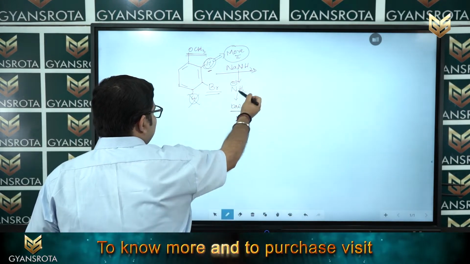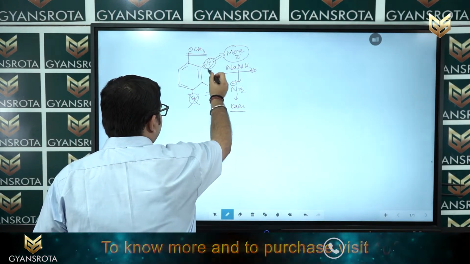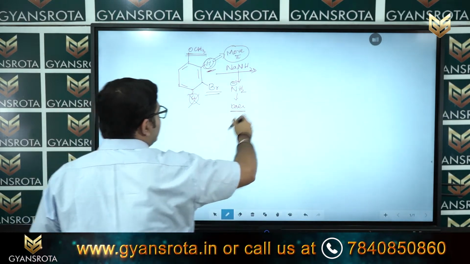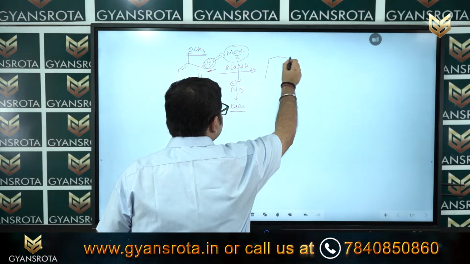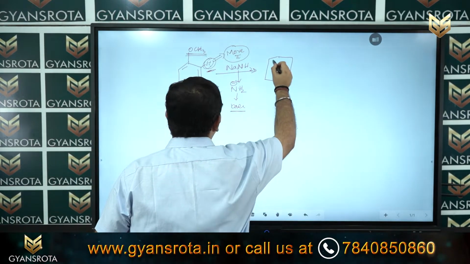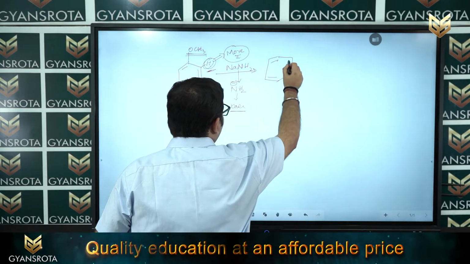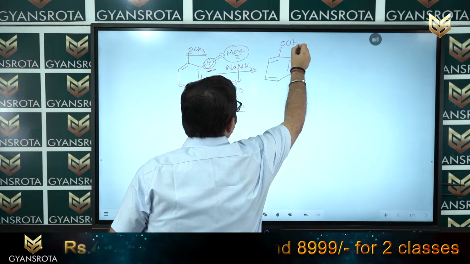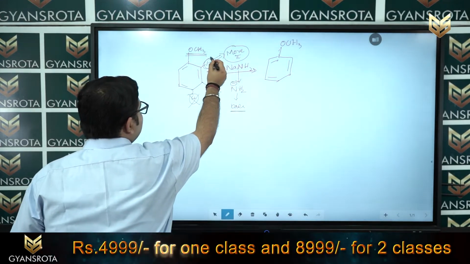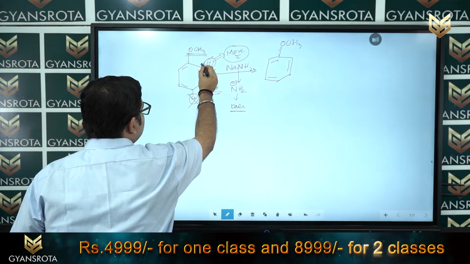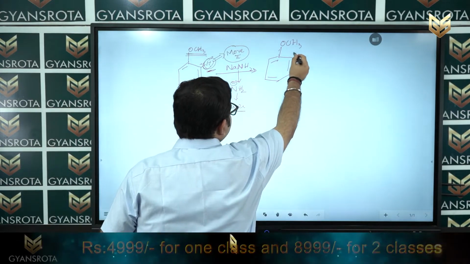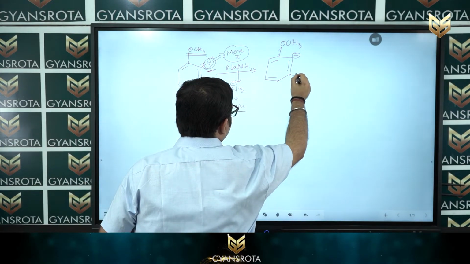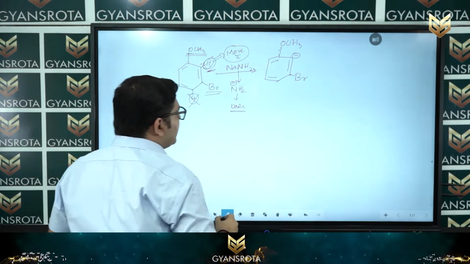So, after this base abstracts this proton, what will you get? See, this is gone. And by abstracting this proton, that is H plus, here it will be minus. So, here a minus sign will be coming and here is bromine. Now, what will happen?